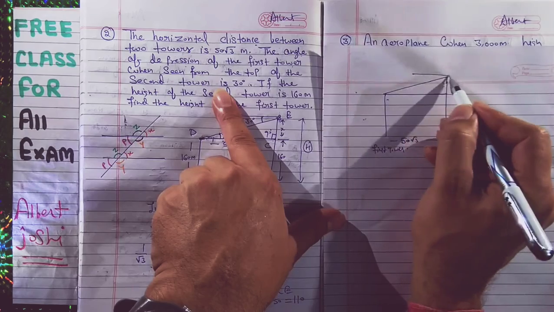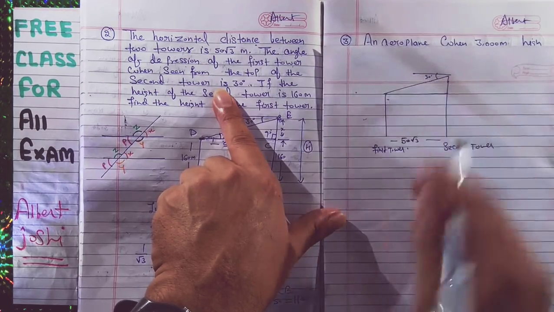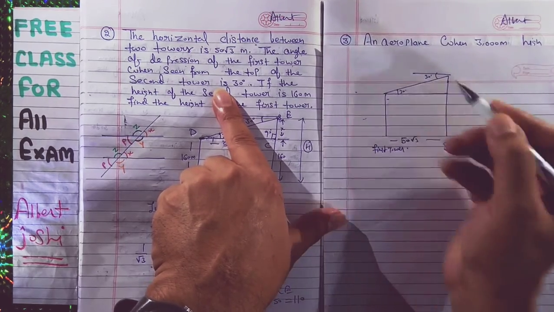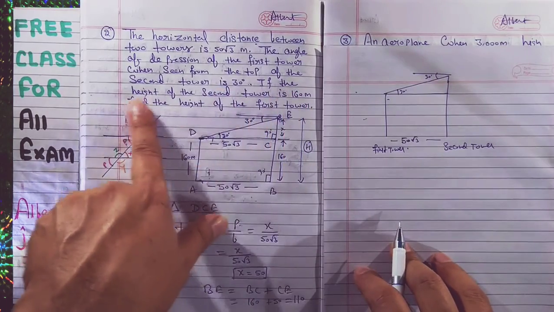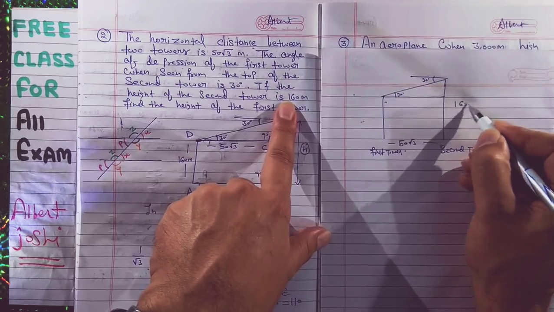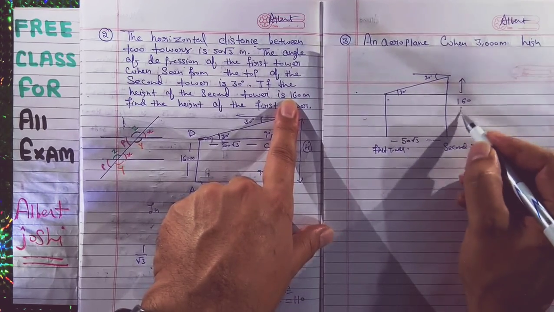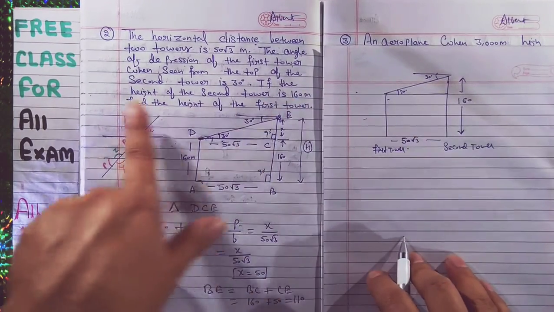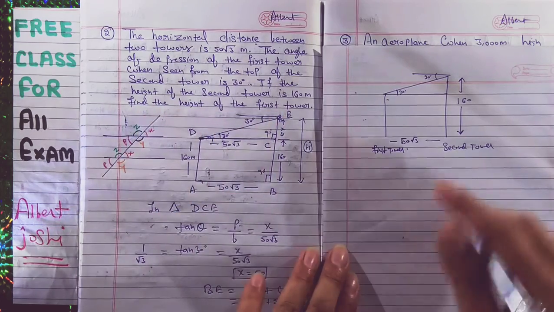So this is 30, he is giving this is 30, again this is also 30. If the height of the second tower is 160, if this value he has given us, if this is 160, find the height of the first tower. He is asking this.